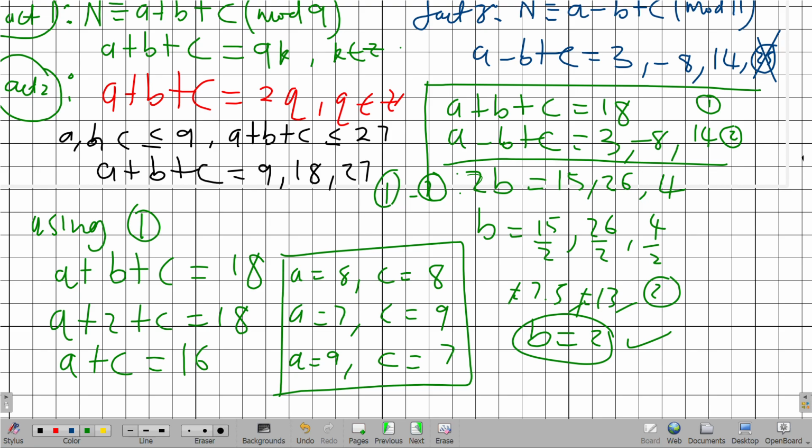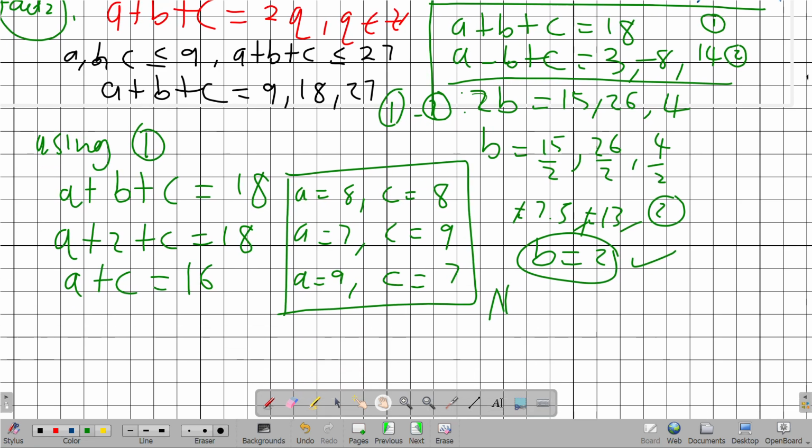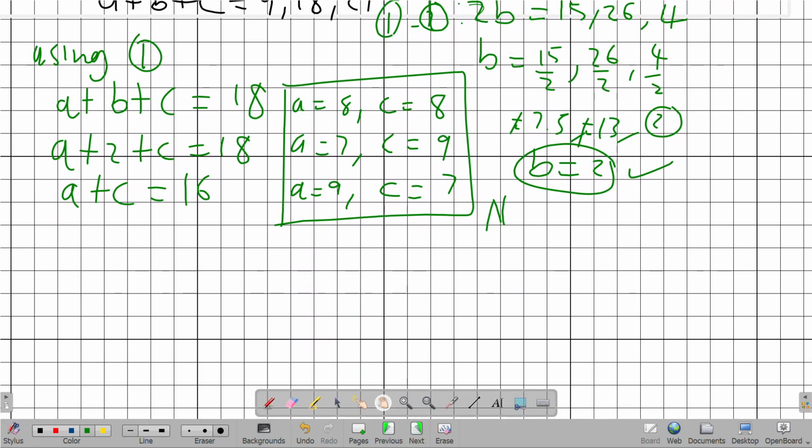So hence our value of n can be where a is equal to 8 and c is equal to 8 and then b is 2.